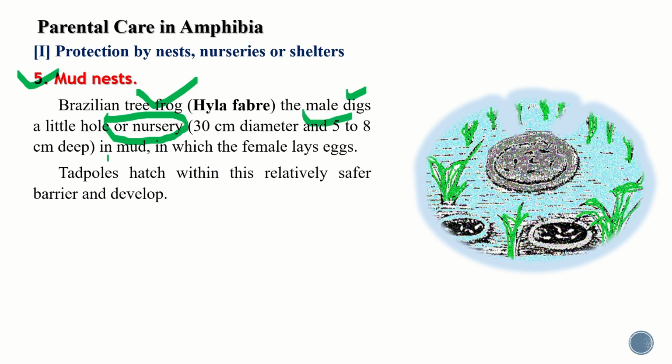They form a mud nest in which the female lays eggs. The male digs little holes in the mud, the female lays eggs in them, and tadpoles hatch within this relatively safer barrier and develop into adults.